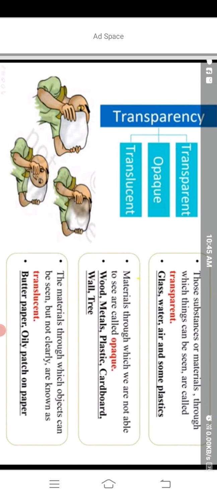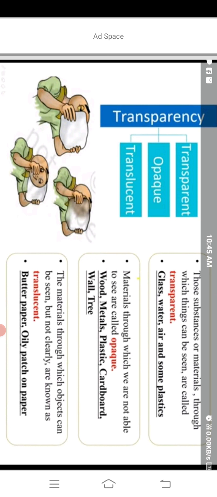And now I have reached the last property of substances, that is transparency. Based on this transparency, materials are of three types: transparent, opaque and translucent. One by one we will read about these. First, see the picture.